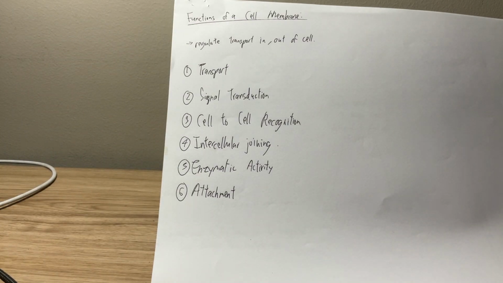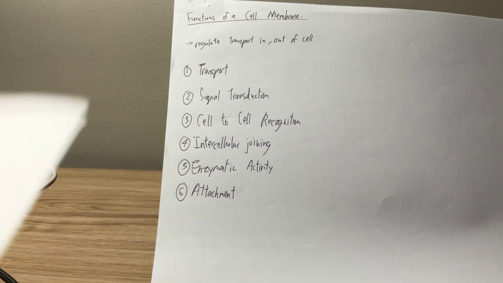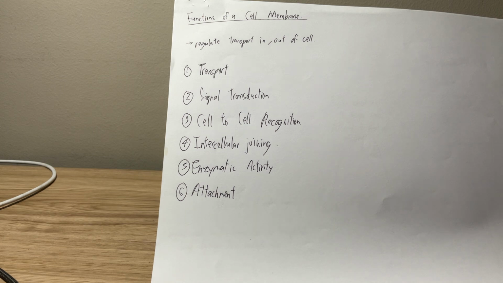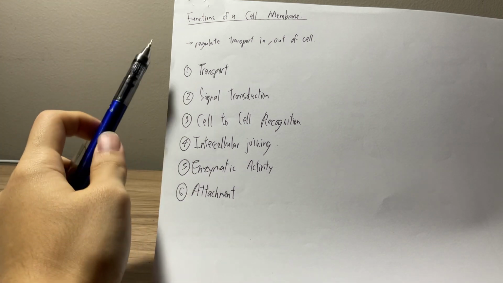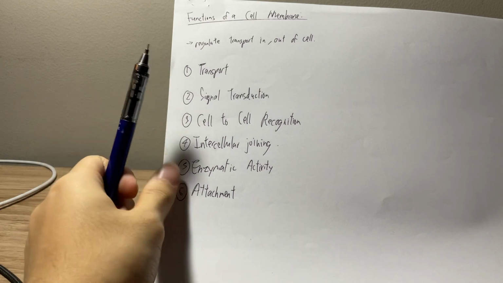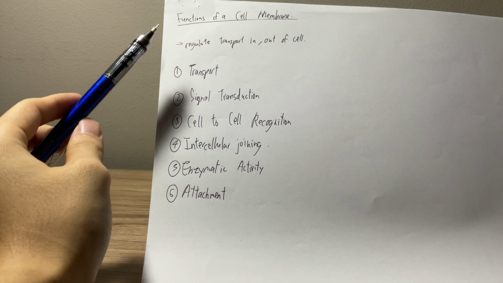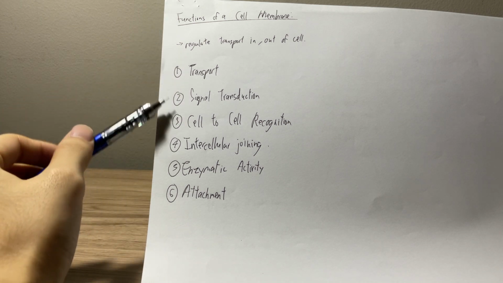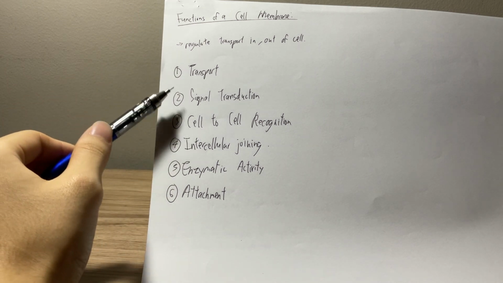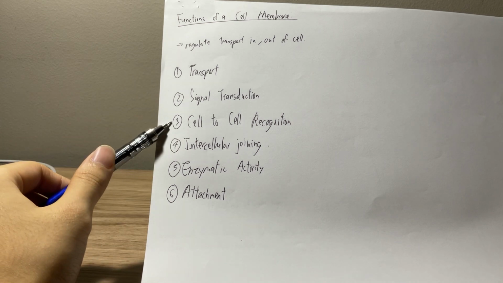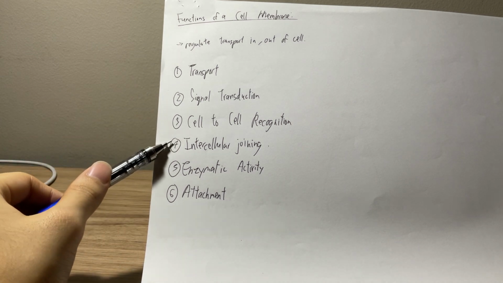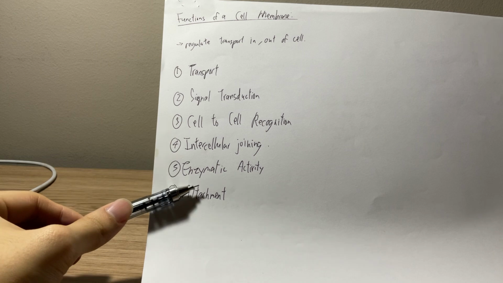Functions of a cell membrane. So again, I did mention about this in the previous vid. It's here again, but I did not repeat. This is a different page. I guess I wrote it again when I was reviewing. So the functions we have 6: transport, signal transduction, cell-to-cell recognition, intercellular joining, enzymatic activity, and attachment.